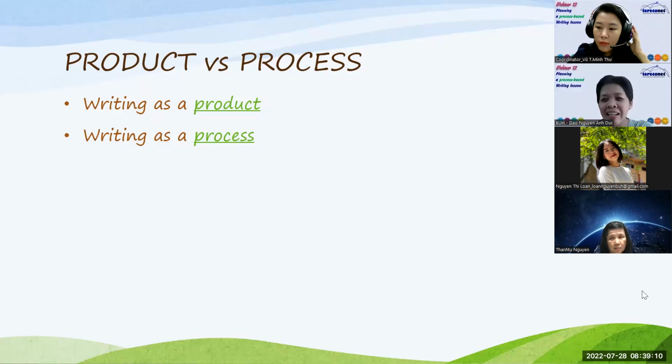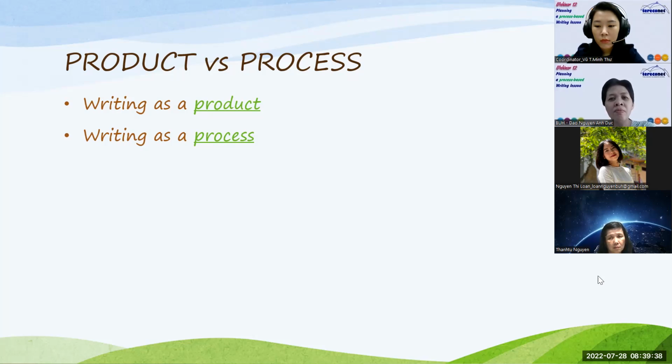I'm not sure about this one, but I think for writing as a product, maybe you focus on the final product of your writing lesson. For example, if you're teaching a student to write a letter, at first maybe you will show the students what a complete letter, what the final product would be like.